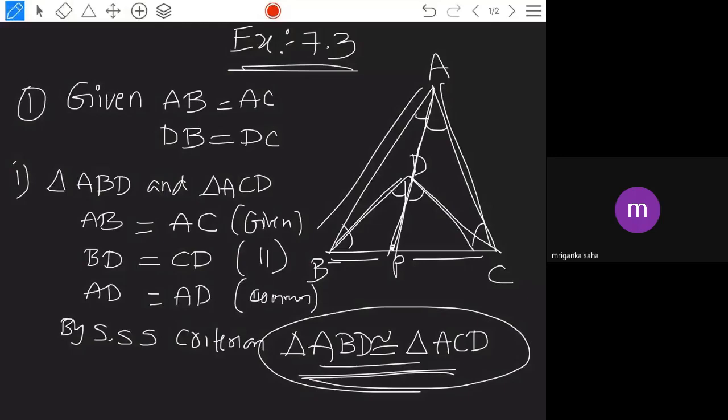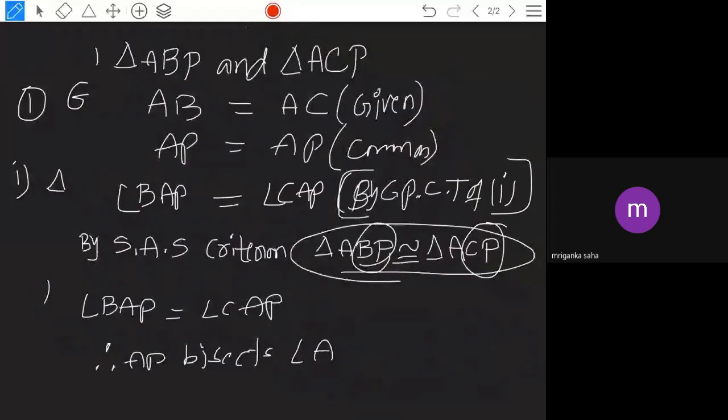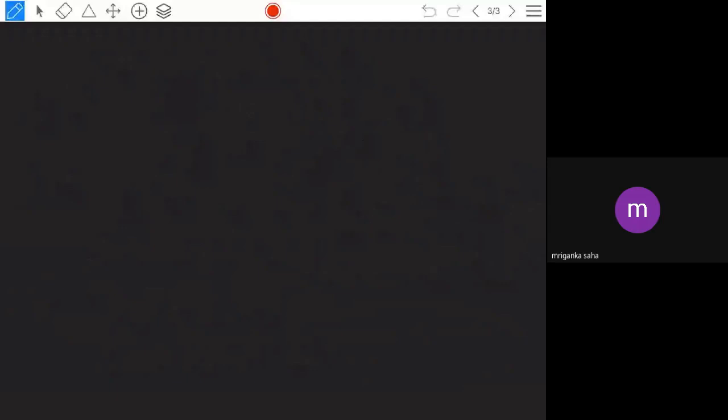We proved BP is equal to CP, but that only makes it a bisector. Perpendicular also has to be proved, so these two angles will be 90 degrees. You have to prove both equal. For that purpose, the problem is already all interlinked here.